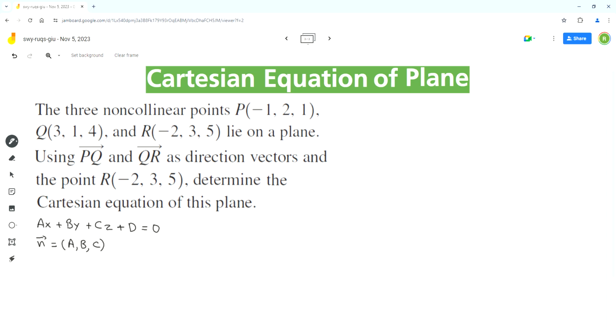Now we should find the direction vectors PQ and QR using the given points P, Q and R. Let's start with direction vector PQ.